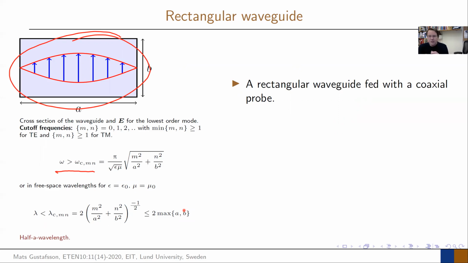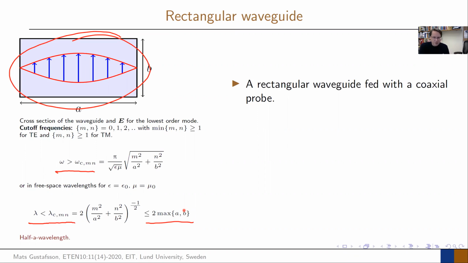If we reinterpret that in wavelengths, to make it simpler, in free space, it means that the wavelength has to be below 2 times the maximum dimension of the structure. Again, that means the dimension has to be at least half a wavelength or more.